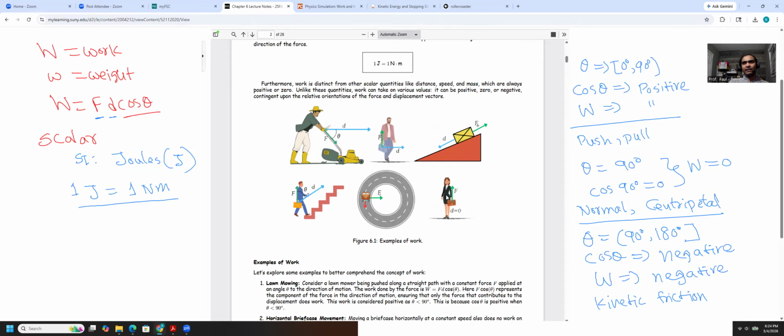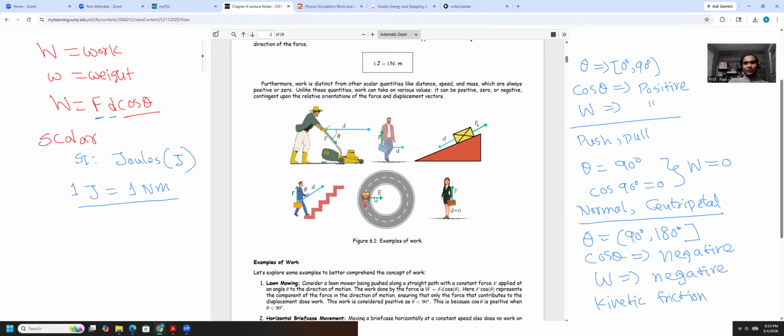Again here, applying force in the upward direction to hold this bag, but she's not moving. That means displacement is equal to zero. Although she's holding, let's say, some important document, she still doesn't do any work here because displacement is equal to zero.